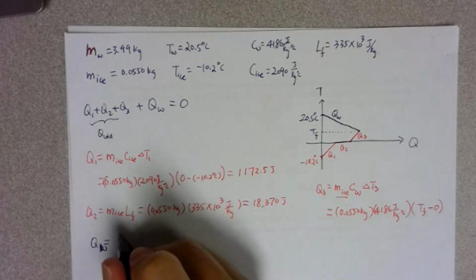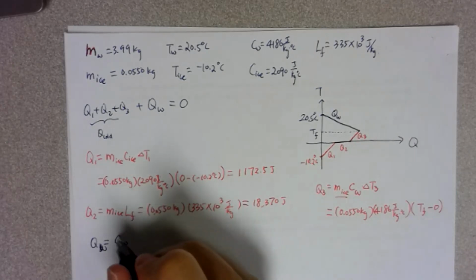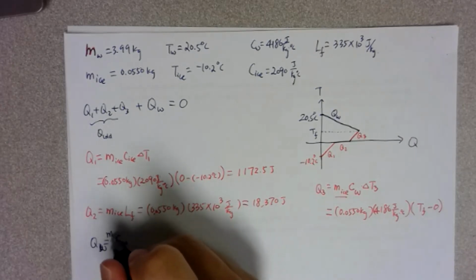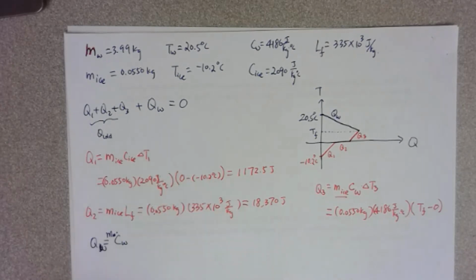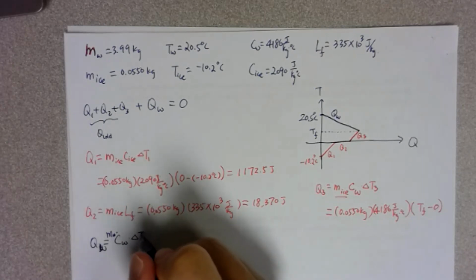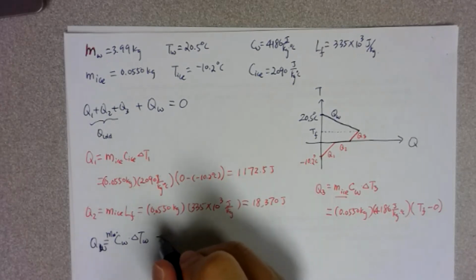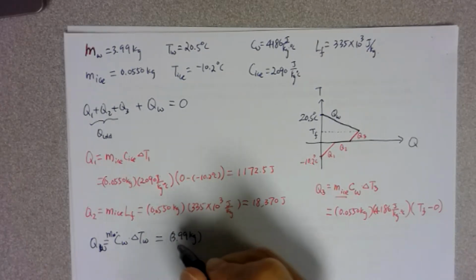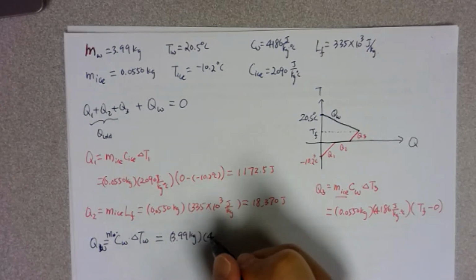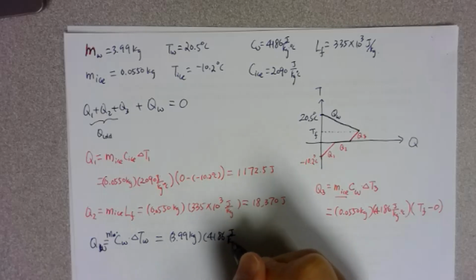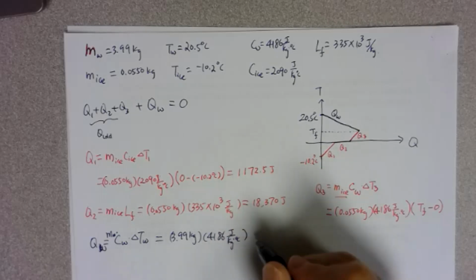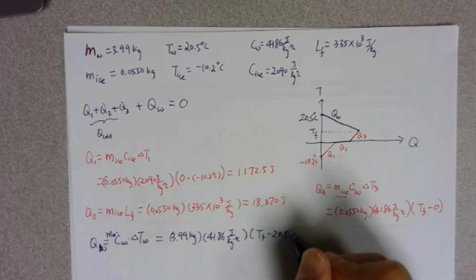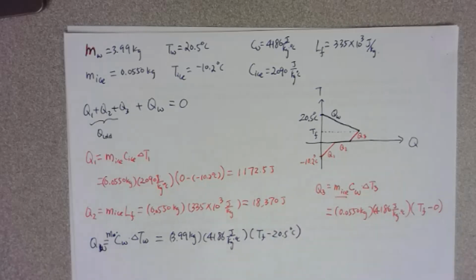QW is equal to mass of W times C of W times delta T for the water. So this is going to be 3.99 kilogram, 4186 joules over kg degrees Celsius, and TF minus initial 20.5 degrees Celsius.